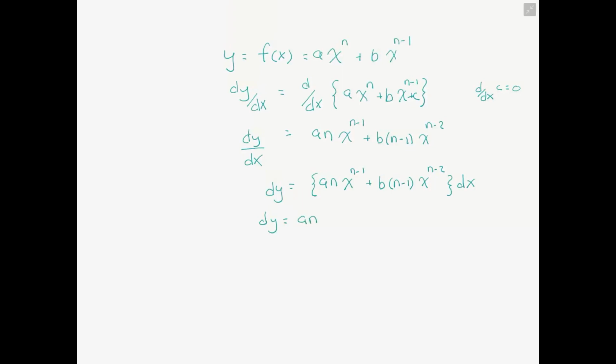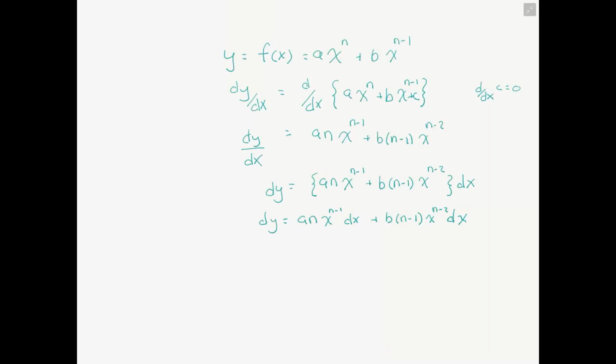And then we can spread that across. dy equals a n x to the n minus 1 dx plus b times n minus 1 x to the n minus 2 dx.